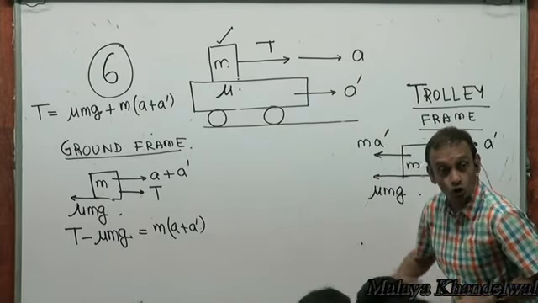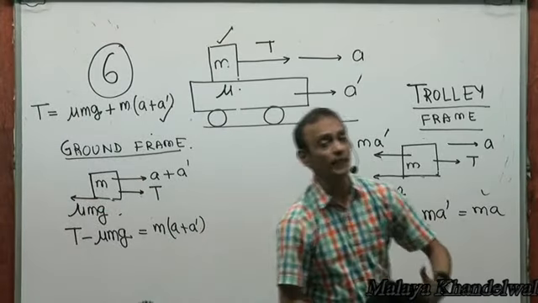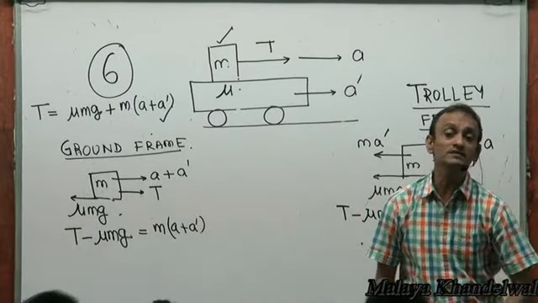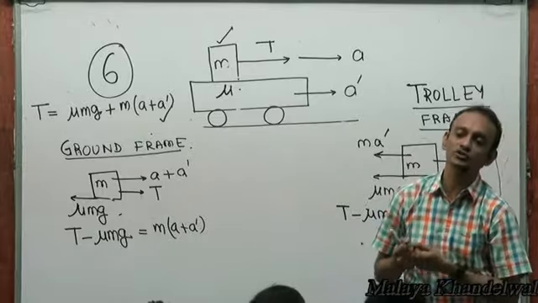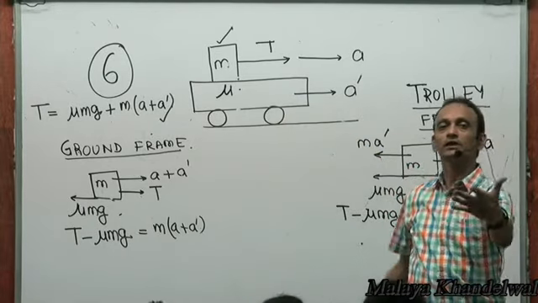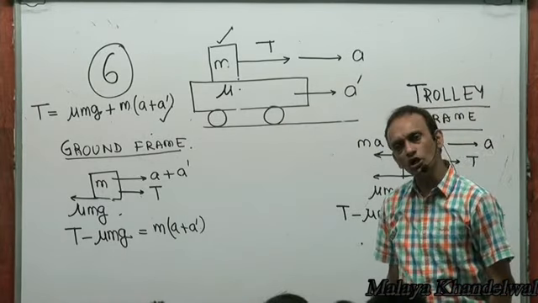T minus mu mg minus m a prime is m into a. Realize that I get the same value of T whether I use the ground frame or the trolley frame. Either way, I'm going to get the same value of the force that the man applies on the particle small m. Clear? So far so good? Now, having obtained the value of T one way or the other, can I wipe this off?